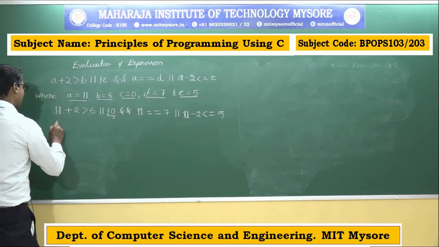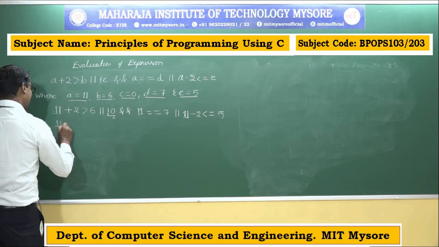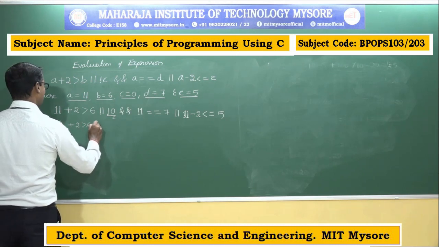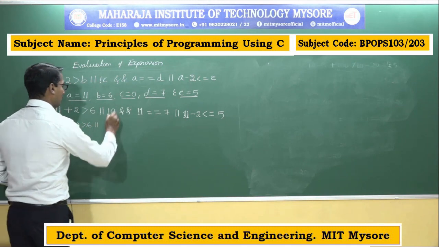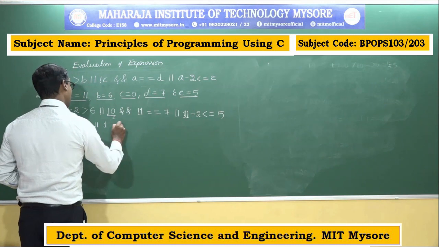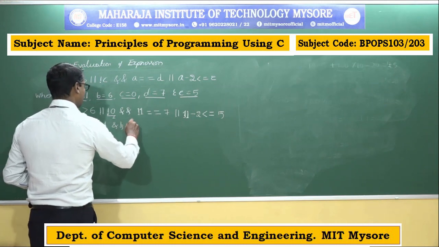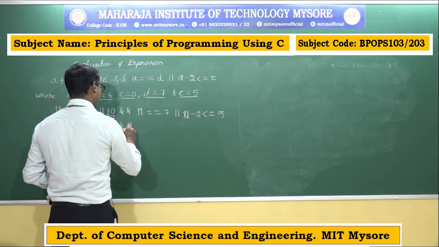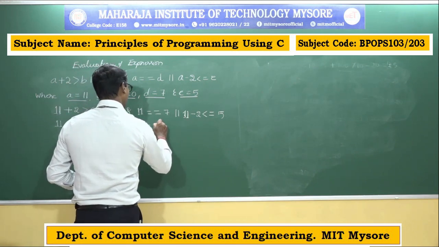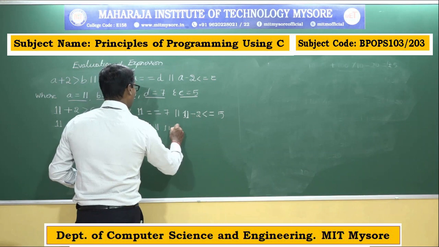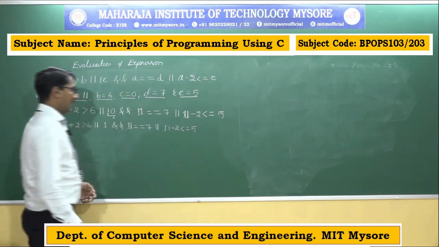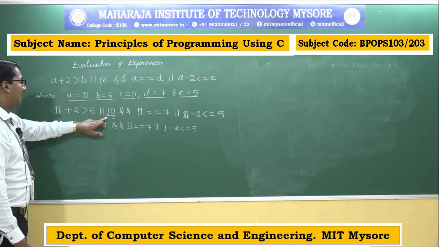First it will be evaluated. After evaluating, the resultant expression is 11 plus 2 greater than 6 or, so NOT 0 is 1 and 11 equal 7 or 11 minus 2 less than equal 5.